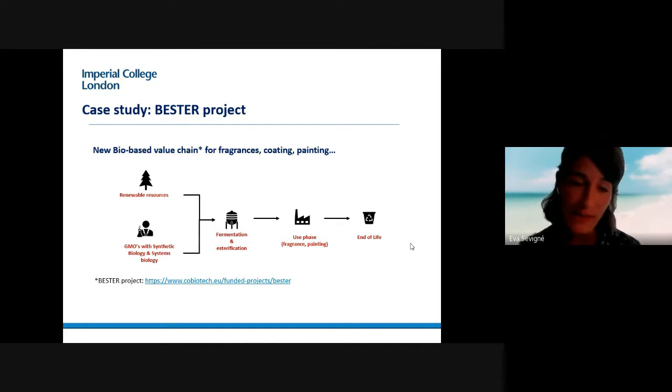Nowadays, these butyl esters are produced from fossil base. So the idea was to evaluate if these new value chains were environmentally and also economically better and also feasible from a technology point of view in comparison with the production of the current butyl esters.